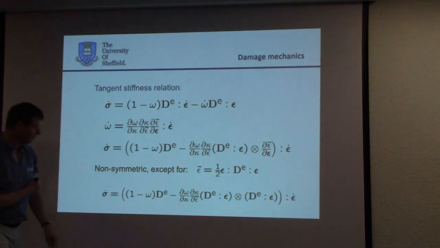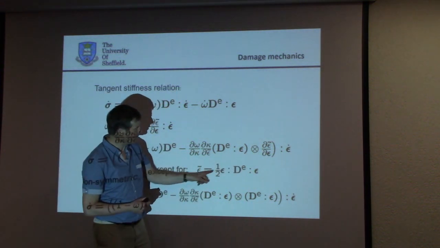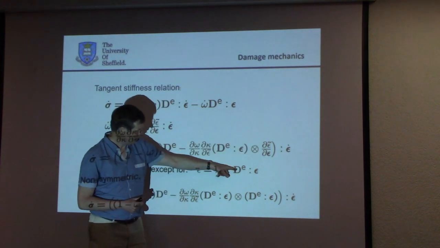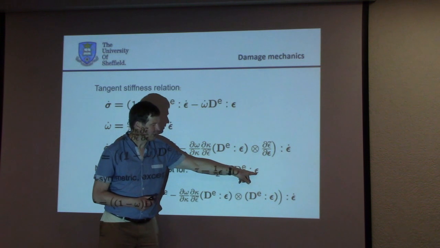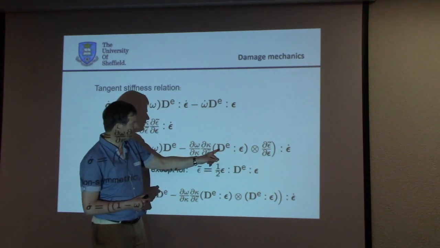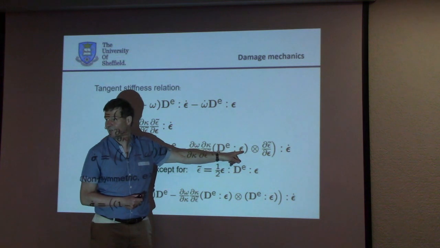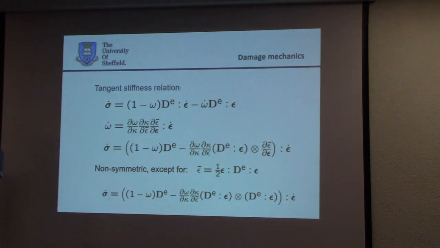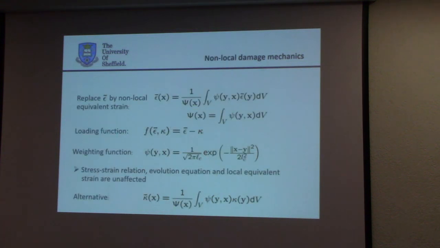Because in that case, if you substitute that into here, you get dE times epsilon, which is the same as dE times epsilon, and then you have a symmetric expression. But that's a special case. In that special case, you get, as I said, dE double contracted to epsilon, cross product times this, and that is easy. So that was a simple bit.